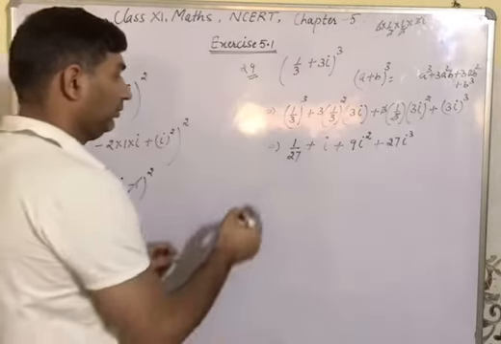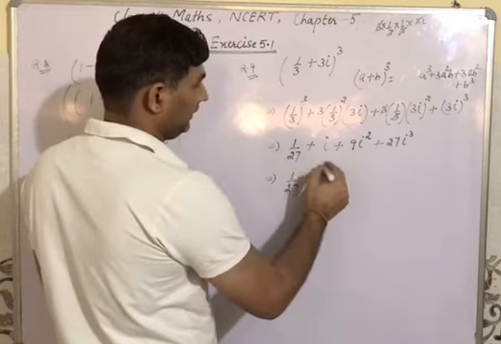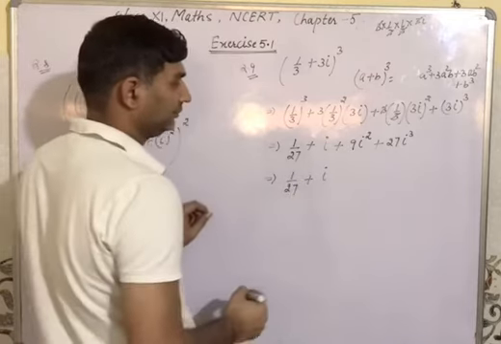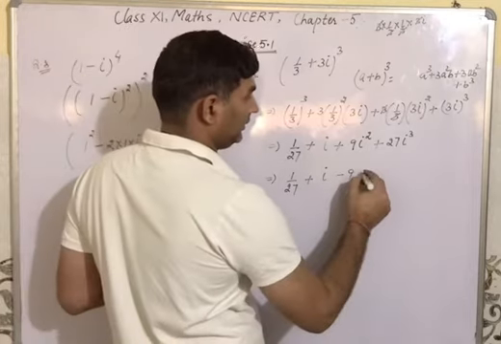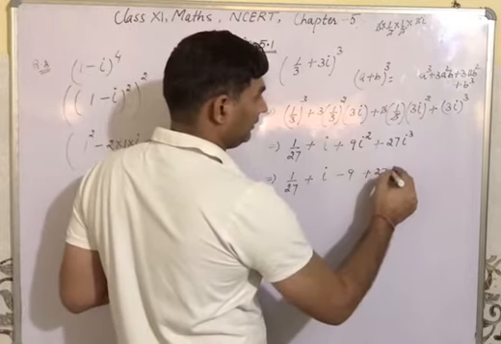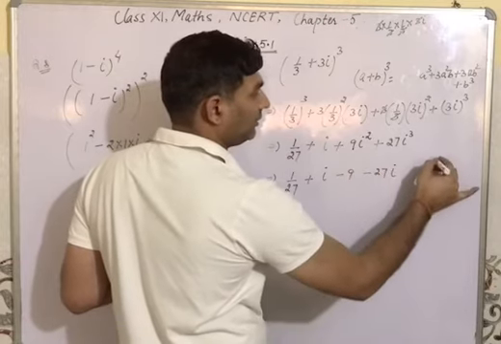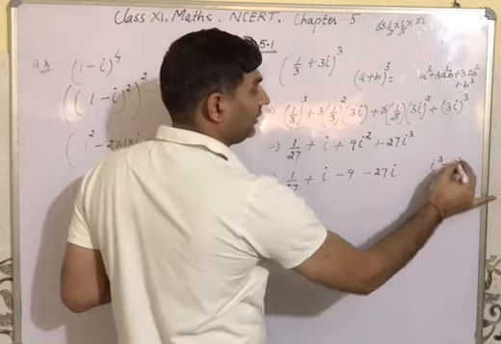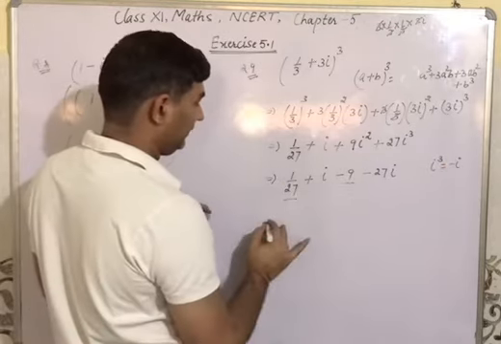Then put the values: 1 by 27 plus this iota, minus 9, and this plus 27, sorry, minus 27 iota, because iota cube is minus iota. And then this and this are the real part.